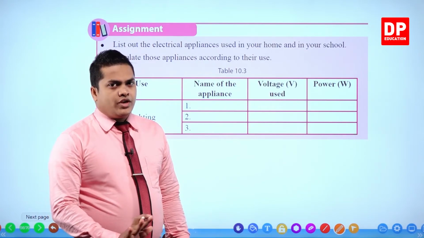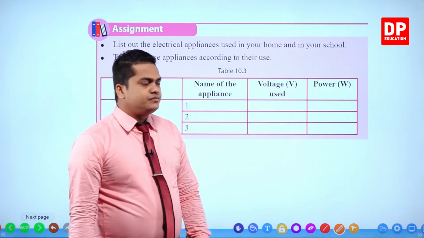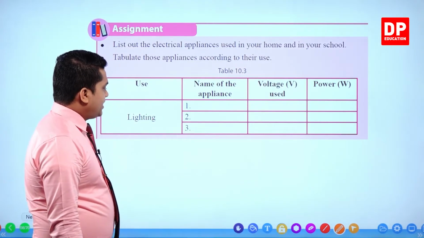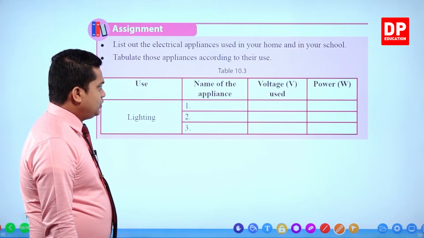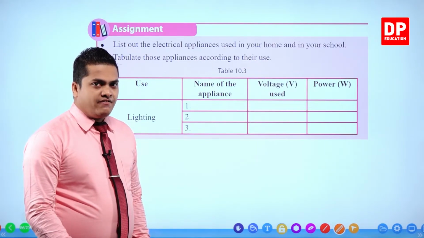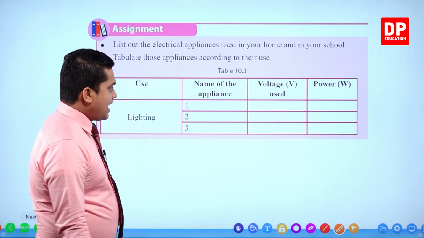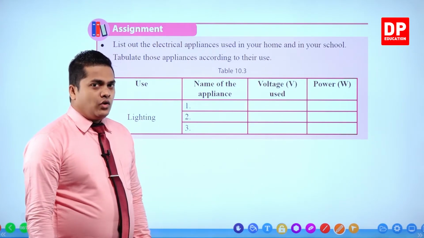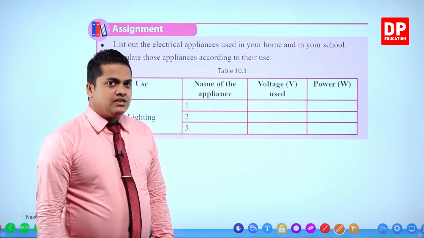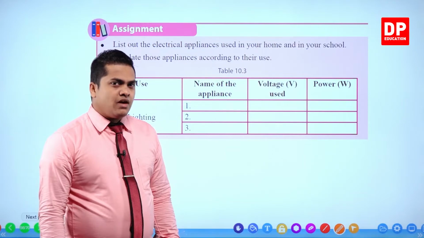So now I'm going to fill my table. Most of the time for lighting, nowadays we use either a CFL bulb or an LED bulb. Also we use a type of bulb called the filament bulb.